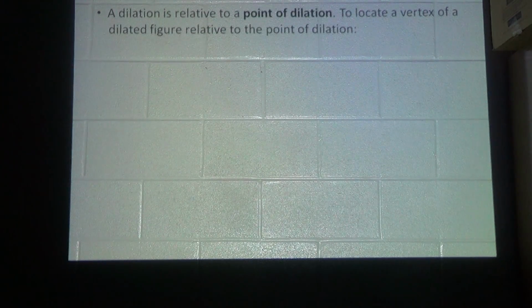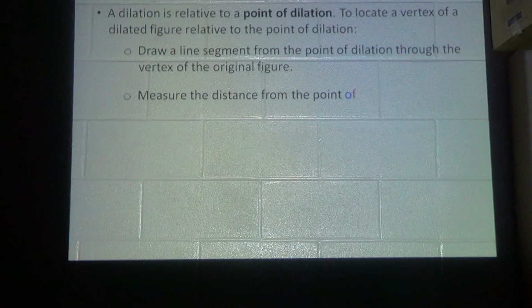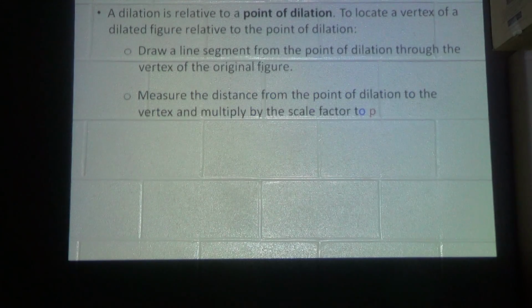Okay, so a dilation is relative to a point of dilation. To locate the vertex of a dilated figure relative to the point of dilation, you draw a line segment from the point of dilation through the vertex of the original figure. Measure the distance from the point of dilation to the vertex and multiply by the scale factor to produce a new distance d.